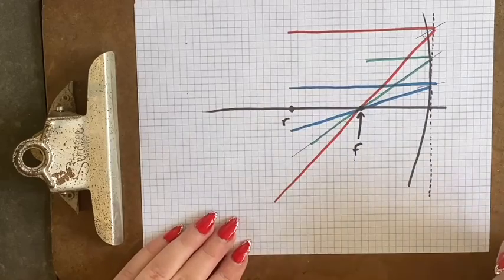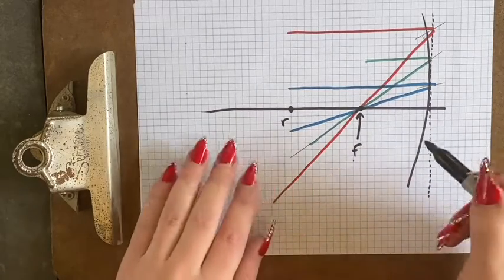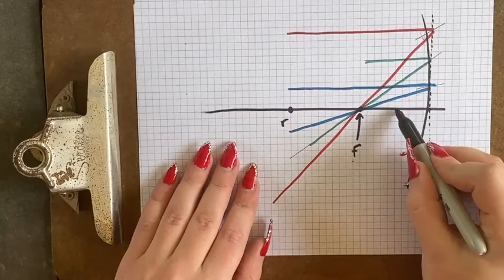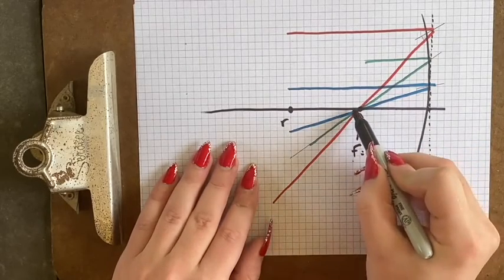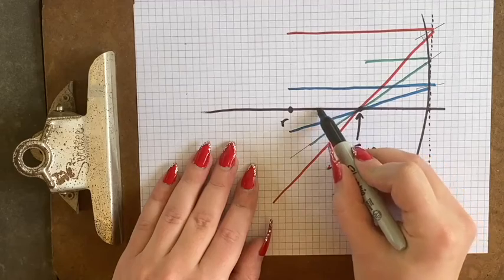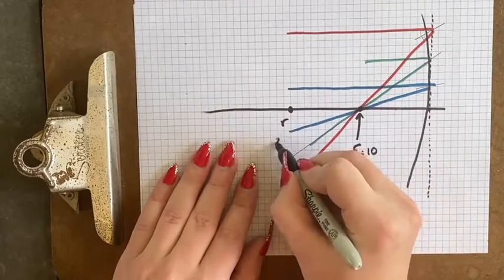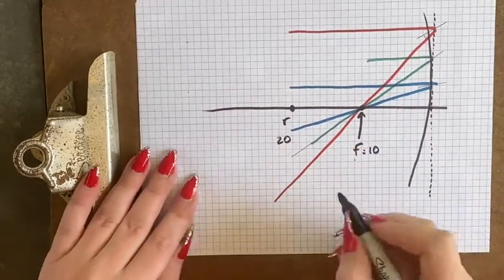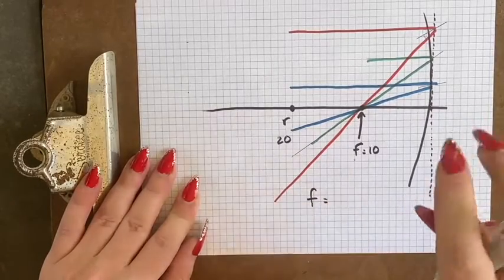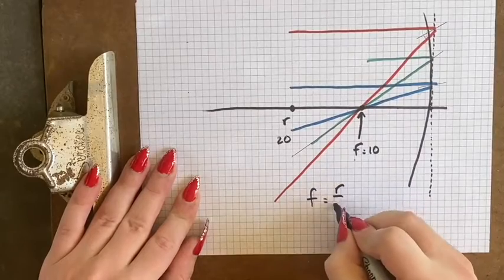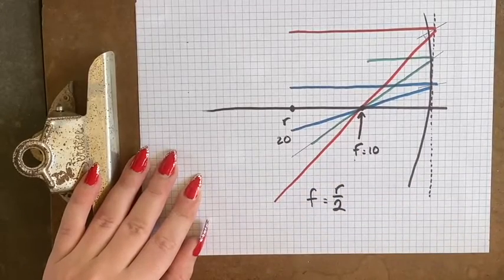And what else can we say about it? Its distance is 1, 2, 3, 4, 5, 6, 7, 8, 9, 10. And this is 11, 12, 13, 14, 15, 16, 17, 18, 19, 20. How about that? Apparently, the focal point for a mirror, assuming that it's thin, is 1/2 of the radius.